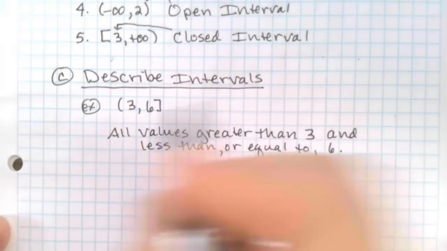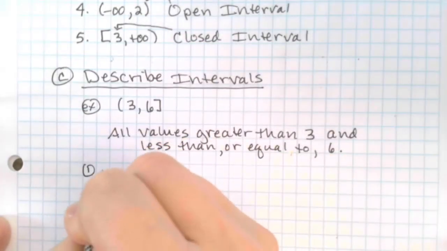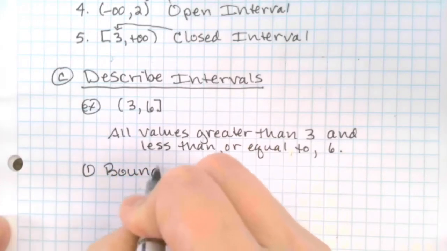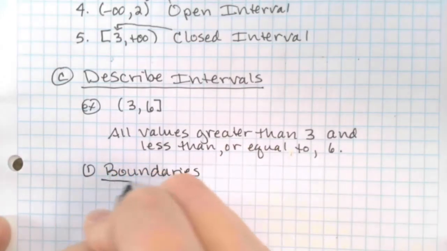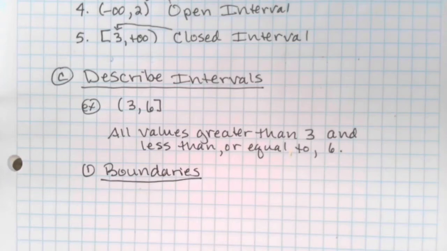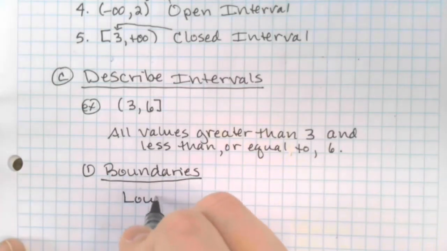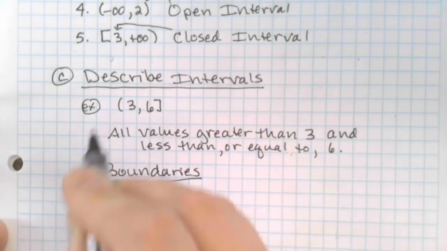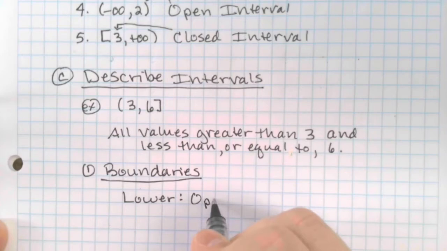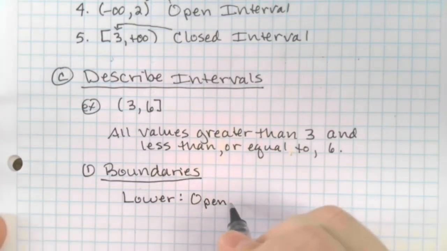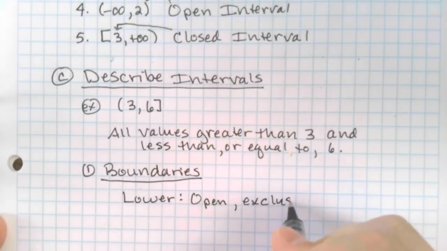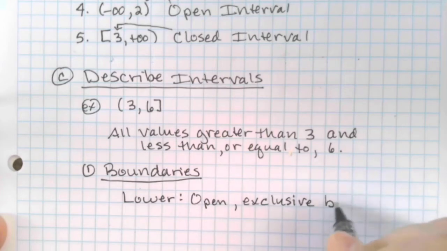Boundaries. When we talk about boundaries, this interval, the lower boundary, has a parenthesis, so it is open. It is also exclusive. We say it's an open or exclusive boundary.